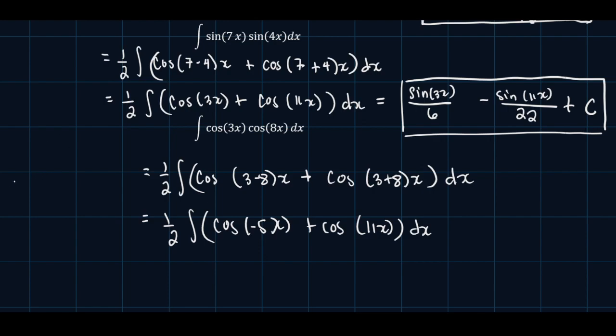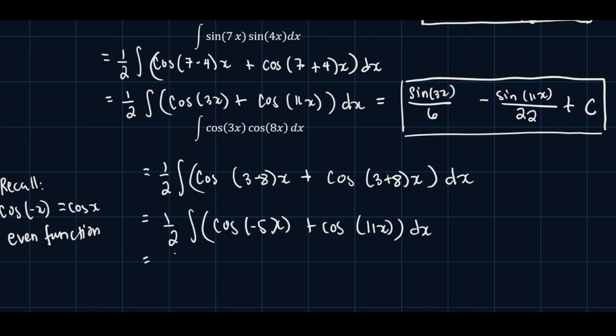Okay? So again, recall that if we have cosine negative x, this is equal to cosine x because cosine is an even function. So, ibig sabihin, symmetric siya with respect to the y-axis.